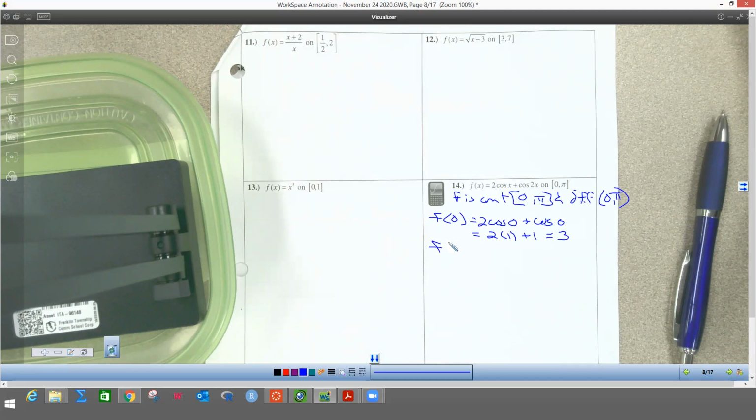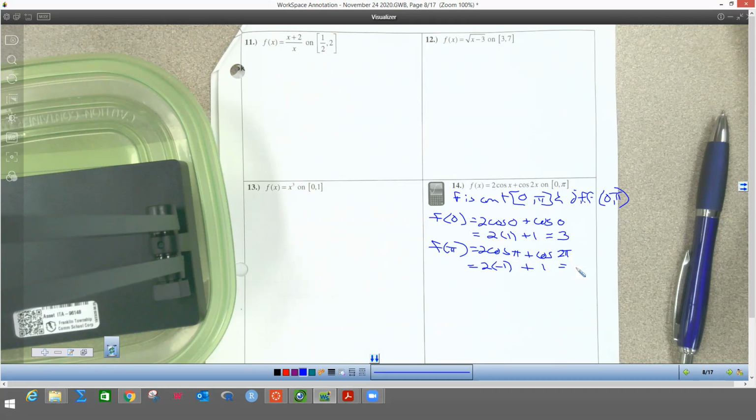And then I need to find f of pi. So that's going to be 2 cosine of pi plus cosine of 2 pi. Okay, so pi is 180 degrees. That's where cosine is negative 1. And then 2 pi is over at 0 again, so that's positive 1.